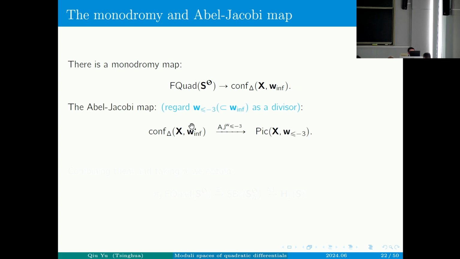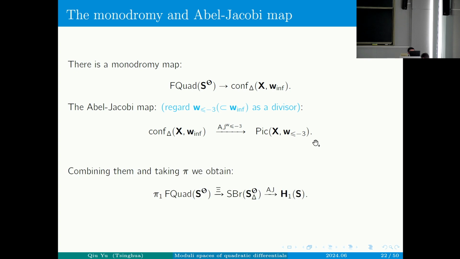Then you can have this Abel-Jacobi map from this Riemann surface with markings and configurations to this Picard variety, which is just some torus. Here we take the higher order poles and consider them as a divisor to construct this map. There are many choices for this map because you can forget certain poles.